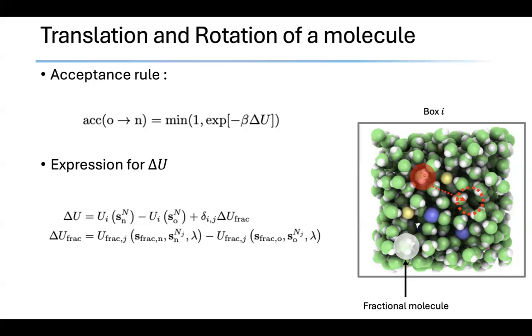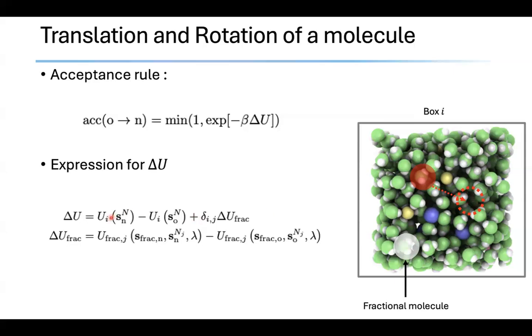The translation distance is also specified during the input to the Brick simulations. Once you execute a translation, the position of the molecule with its surroundings has now changed, which then means that the energy of the system has also changed.